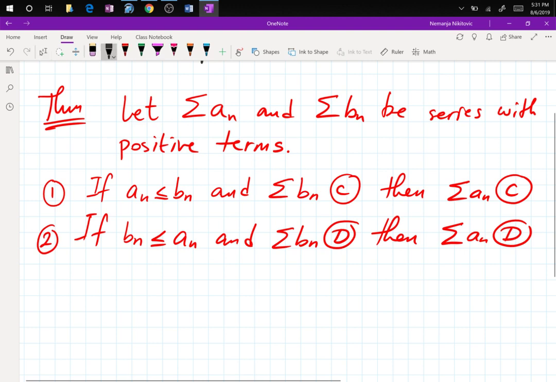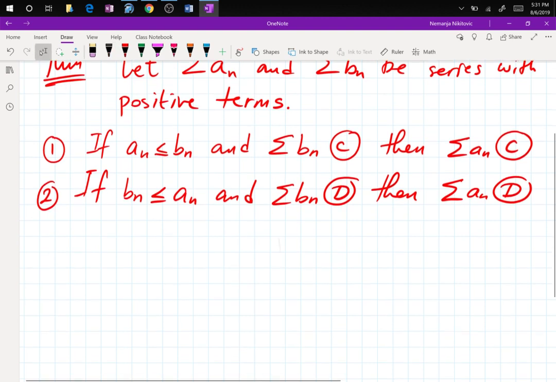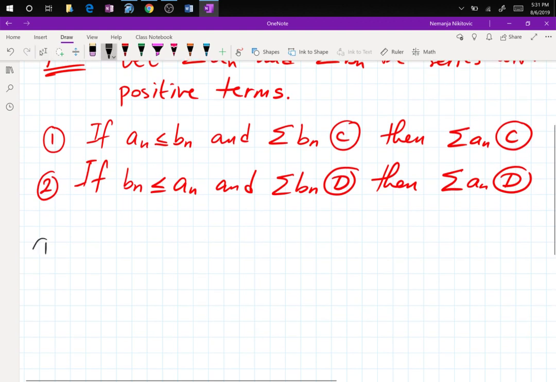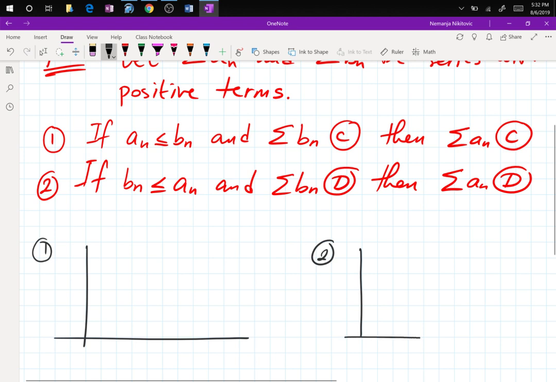Let's see this in pictures. Number one and number two. So what you have here is the n on the axis and an on the y-axis. Sorry, not an. Just leave it empty because we'll have two sequences.